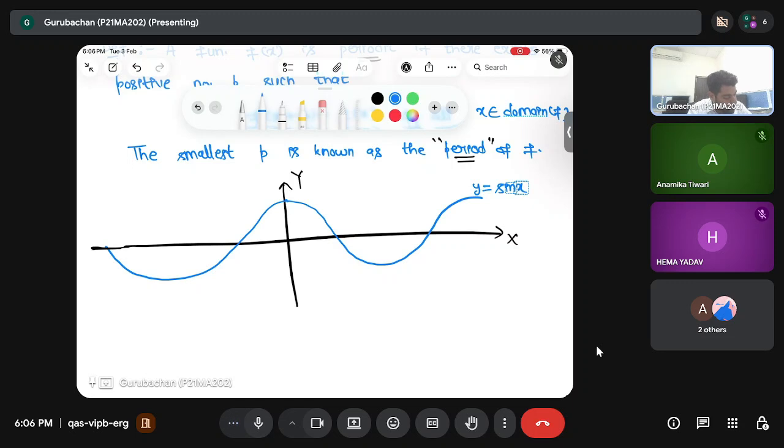If you observe here, this is minus pi by 2, this is minus pi. Oh, sorry, this is a graph of cos x. For sin x we need to draw this.